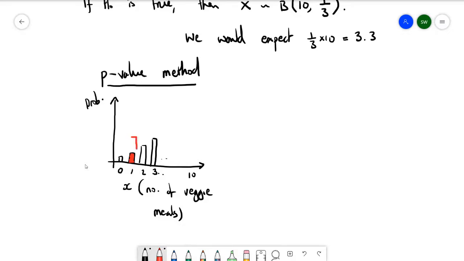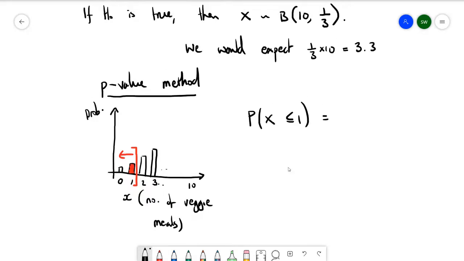So what we're going to do is we're going to work out what's the probability of x being less than or equal to 1. And we're going to use this distribution, the H0 distribution. And if you work that out, you'd get 10.4%. So remember, this is what we call our p-value.